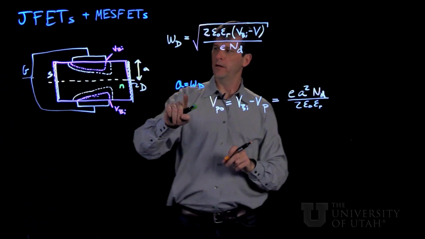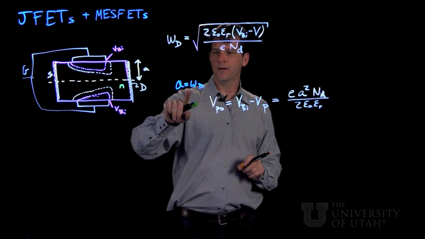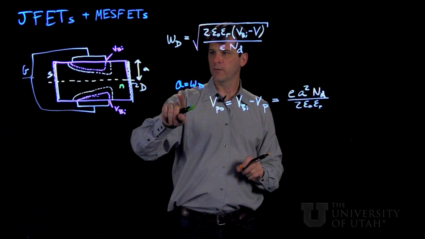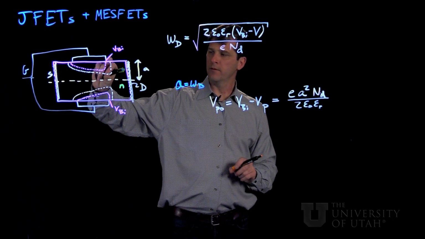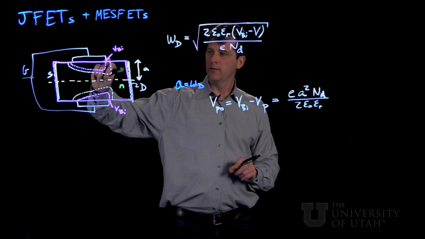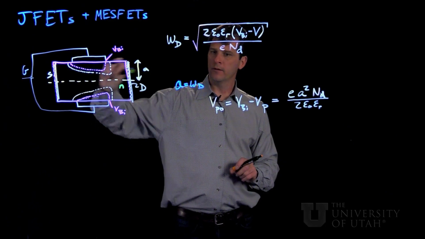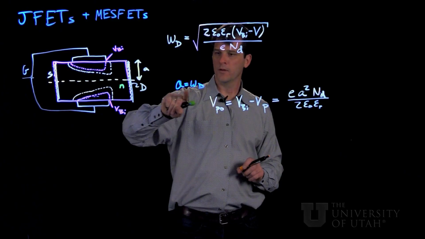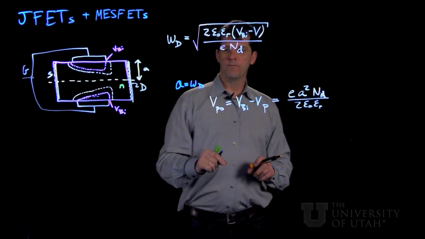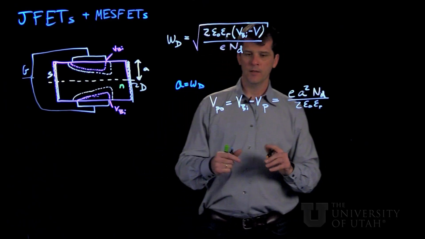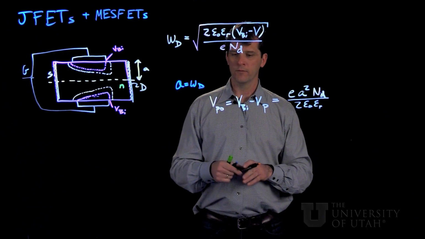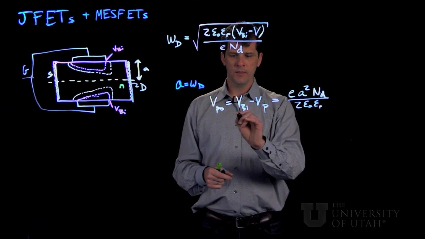And then if we take the pinch-off point at the point where the depletion width coming out of either one of the two opposing gates here reaches the thickness A, then we can invert this equation and solve for that voltage.